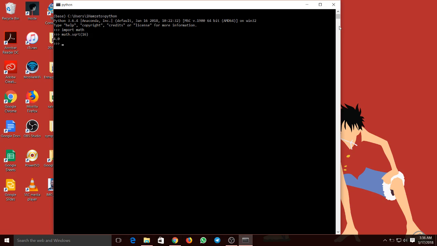Okay, let's say we want to find the square root of a number that does not have an exact square root. So let's do it, and we'll put math.sqrt of, let's say, 15.